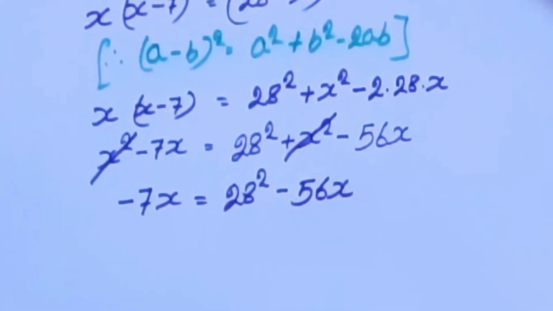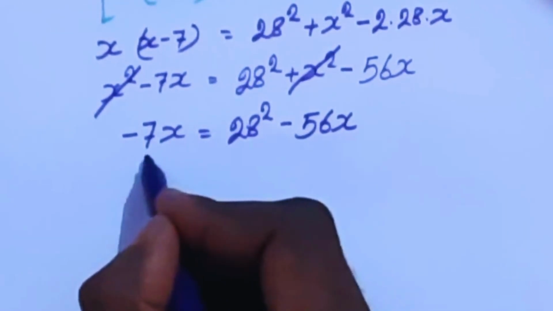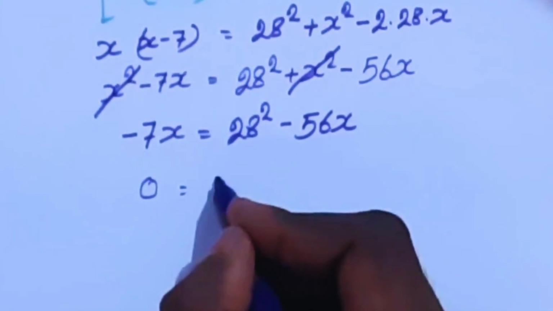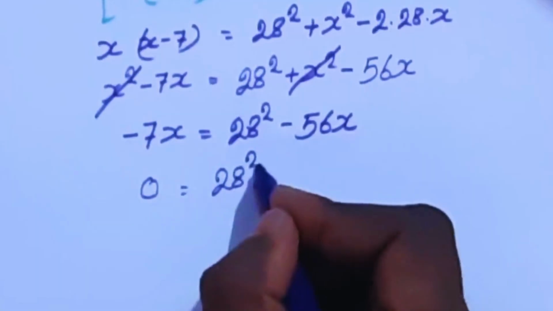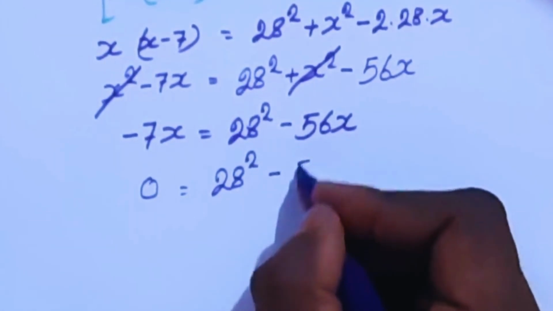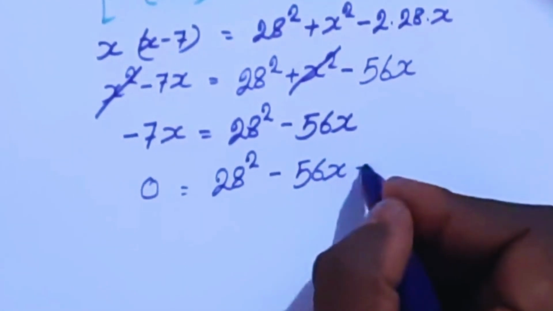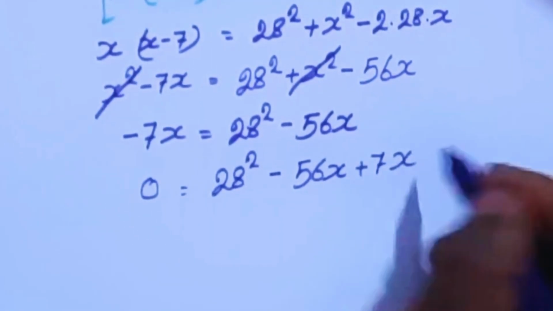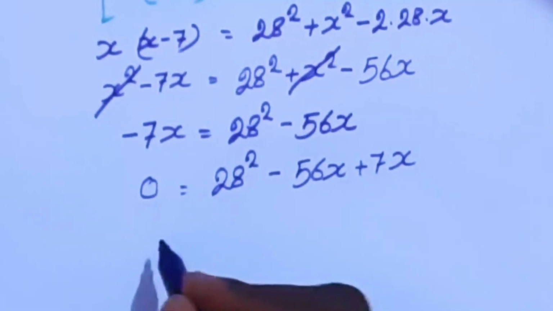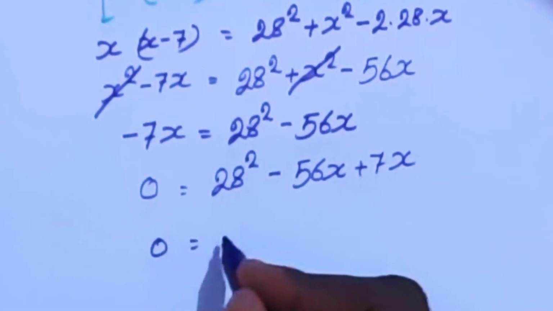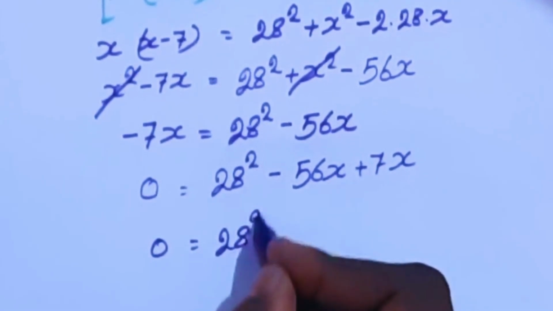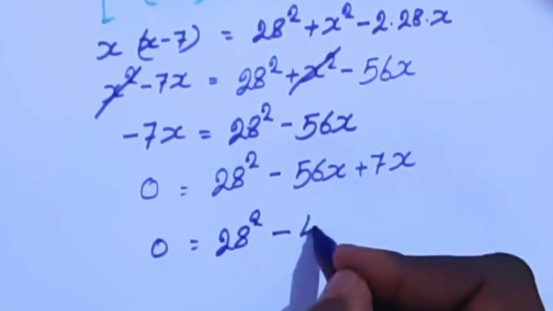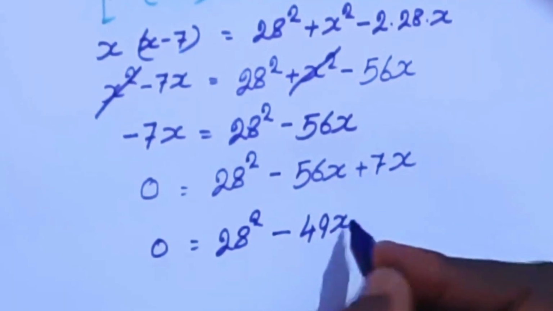Now this x square cancels this x square, so we have minus 7x equal to 28 square minus 56x. Now we are moving this minus 7x right hand side, so 0 equal to 28 square minus 56x plus 7x. Now minus this, so we'll get 28 square minus, this comes 49x.